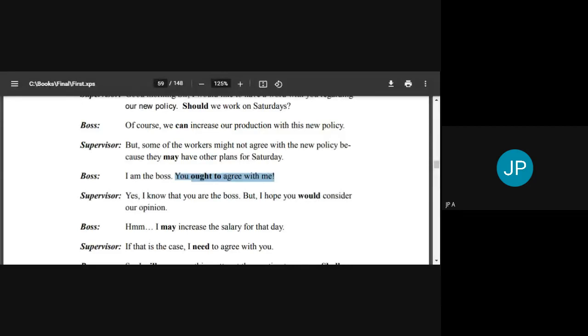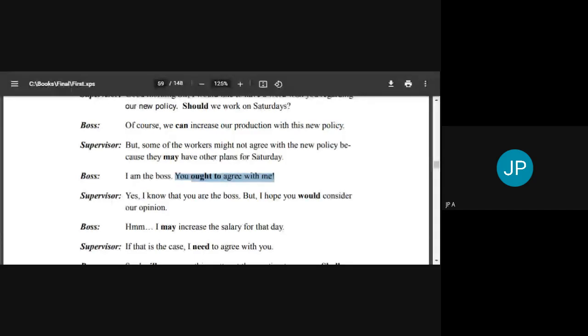So ought to can also be used in a sense of obligation, with lesser force. For example, when I say you ought to study well, it is not a command. You ought to study well if you want to pass the exam. I'll type it in the chat box. You ought to study well if you want to pass.